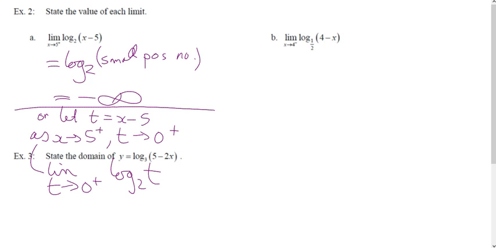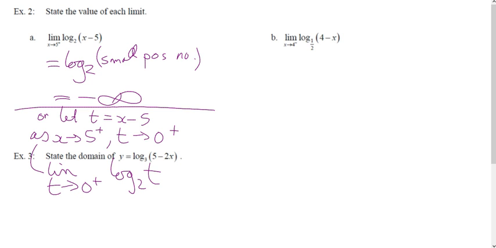Same deal, either one works. The first one's probably easier in a sense, just asking what the value is. The other one's cleaner, because you're actually approaching a value, as opposed to saying we get a small positive number.